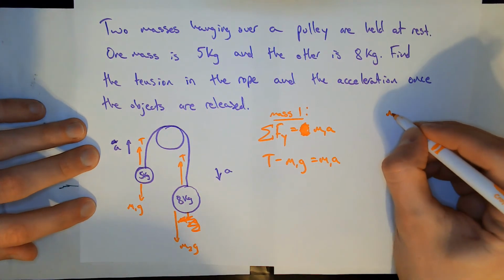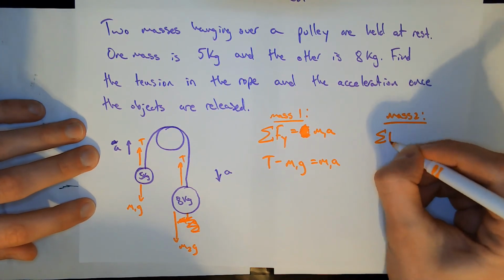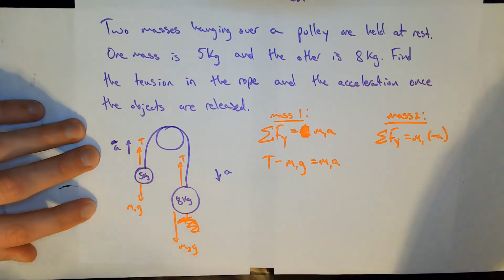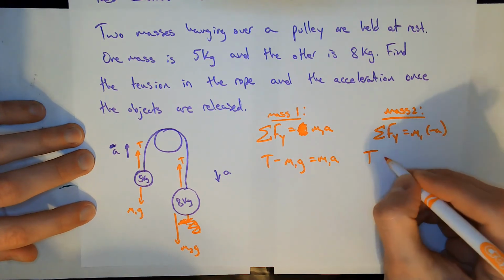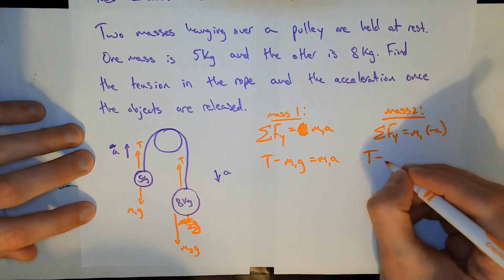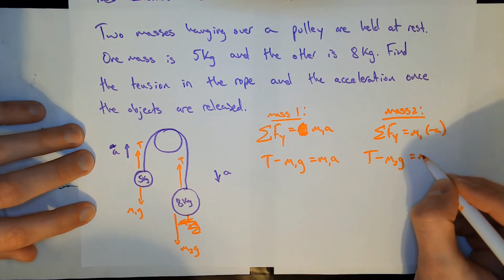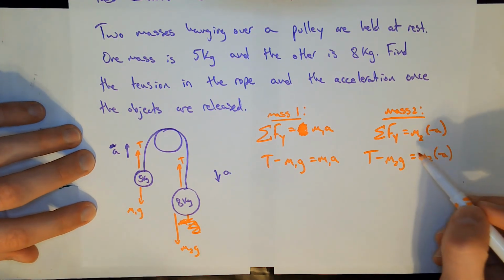Now for mass 2, the sum of the forces in the y direction are equal to M2 times negative A. It's the same acceleration, just pointing down on the other mass. So here I have that same tension force, it's the same rope, same tension, minus M2G is equal to M2 negative A. This is the second mass.